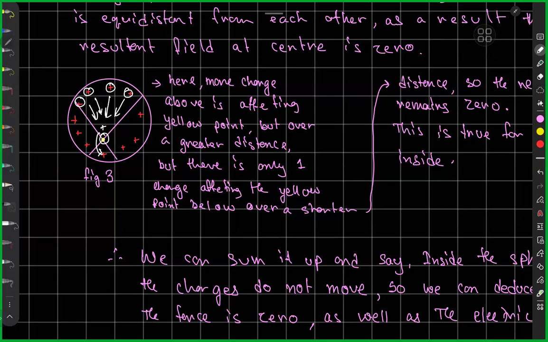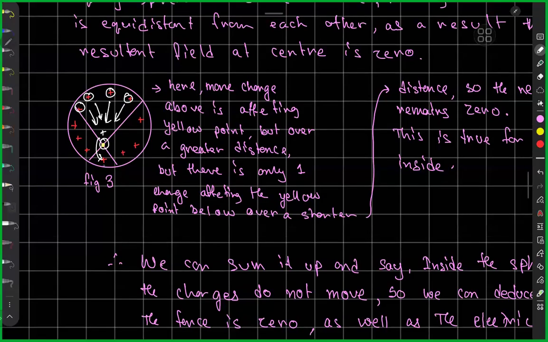So there is one charge over here that is pushing our positive charge inside up, and 4 positive charges up that are pushing my positive charge down. And what ends up happening is both of these forces from up and down are equal. How is that possible?